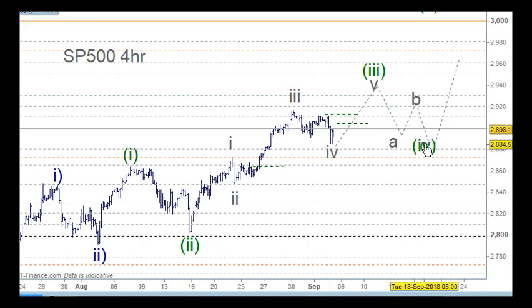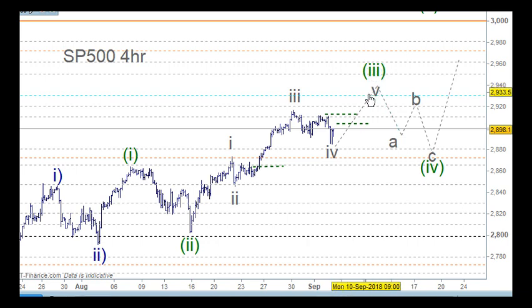Once this structure up here finishes, and it will be in 5 waves up here, we're looking for 5 waves to take us to roughly the 2930, and that will be the top of group 1.